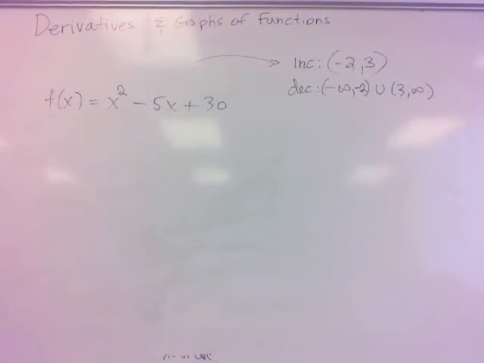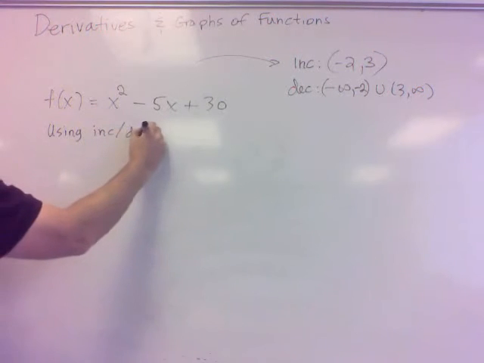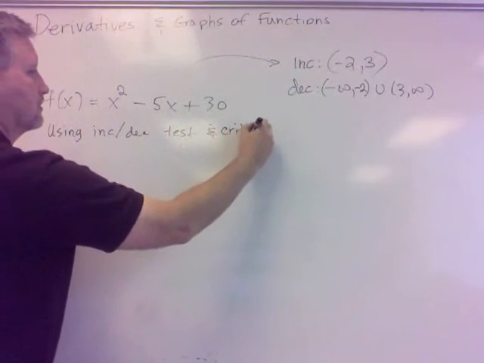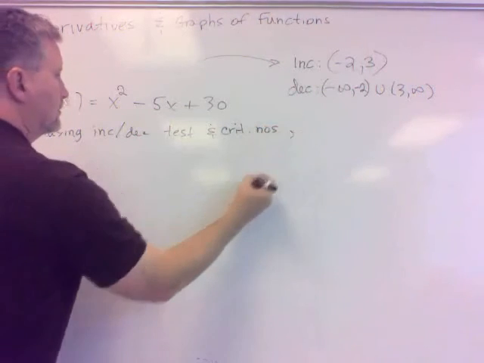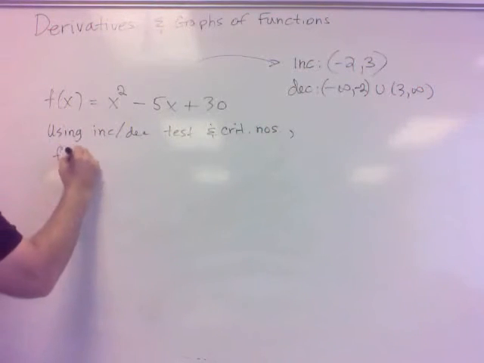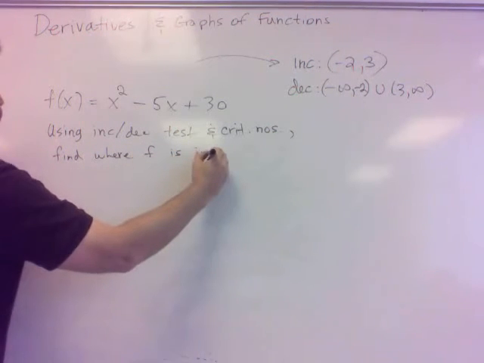But by using this increasing and decreasing test and the critical numbers, find where the graph is increasing, f is increasing, and where it's decreasing.